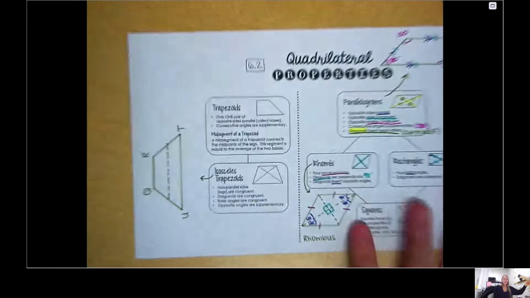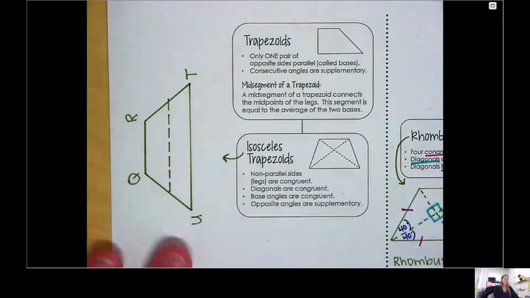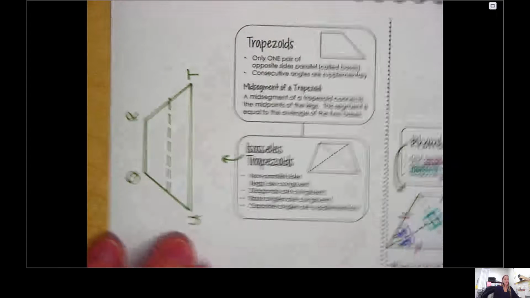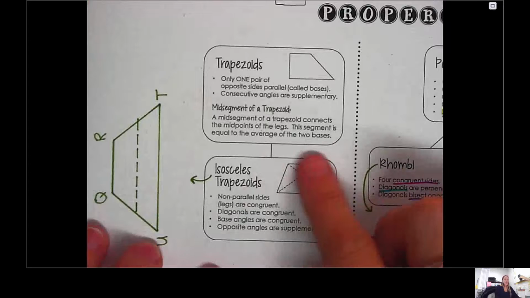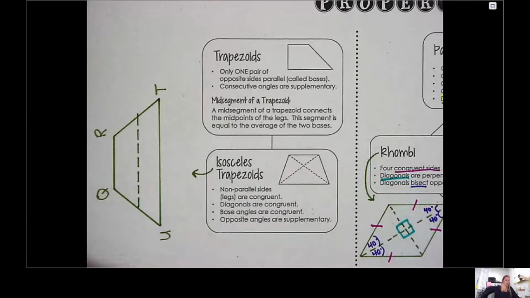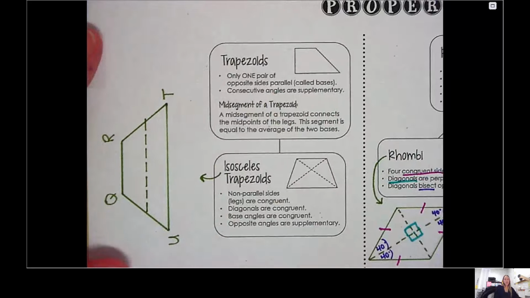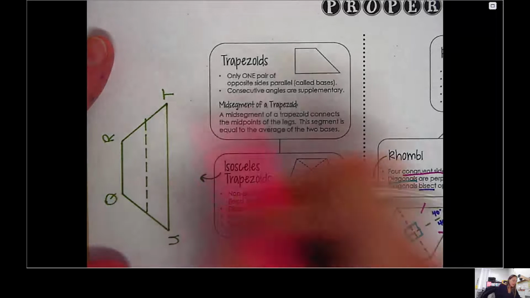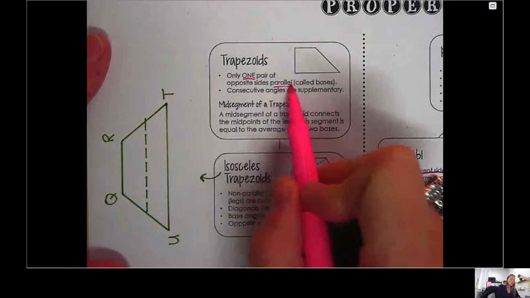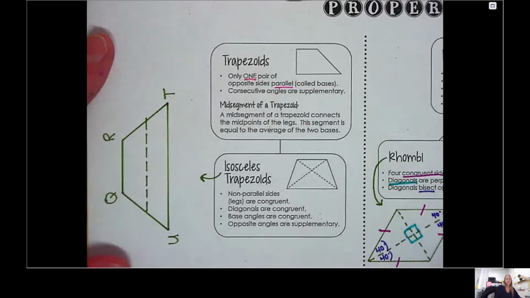So what I did on my little cheat sheet here was I redrew a picture of an isosceles trapezoid right over here, just because, again, not enough space within this picture. So I redrew one off to the side, and I'm going to label up that one that we just drew. In a trapezoid, you only have one pair of sides that are parallel, and they are called the bases.